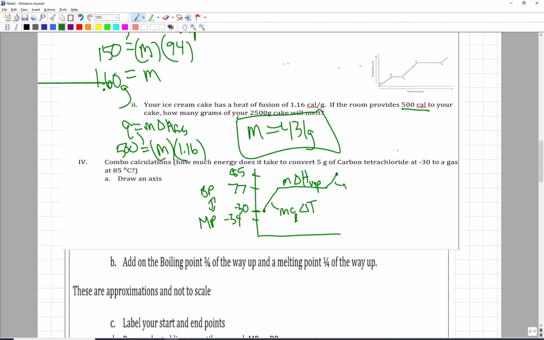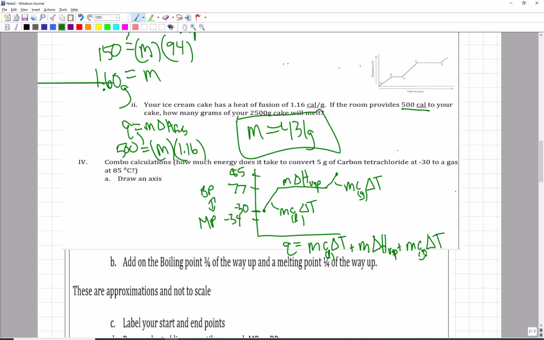And over here, I'm going to have MC delta T, but the delta T for this one's going to be a gas. So it's a little bit different for a liquid and a gas. Okay? So overall, I'm going to have Q equals, starting from the bottom and working my way through it, MC delta T, liquid, plus M delta H, vapor, plus MC delta T, this is my gas, okay?